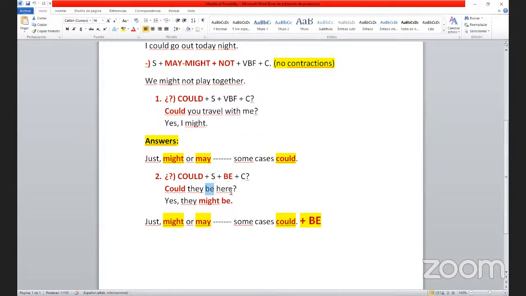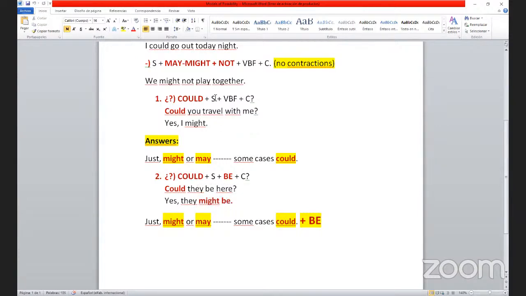And whenever I find the verb to be, I always answer with the same verb to be. Could they be here? Yes, they might be. So not just the auxiliary, we have to put the verb to be also.